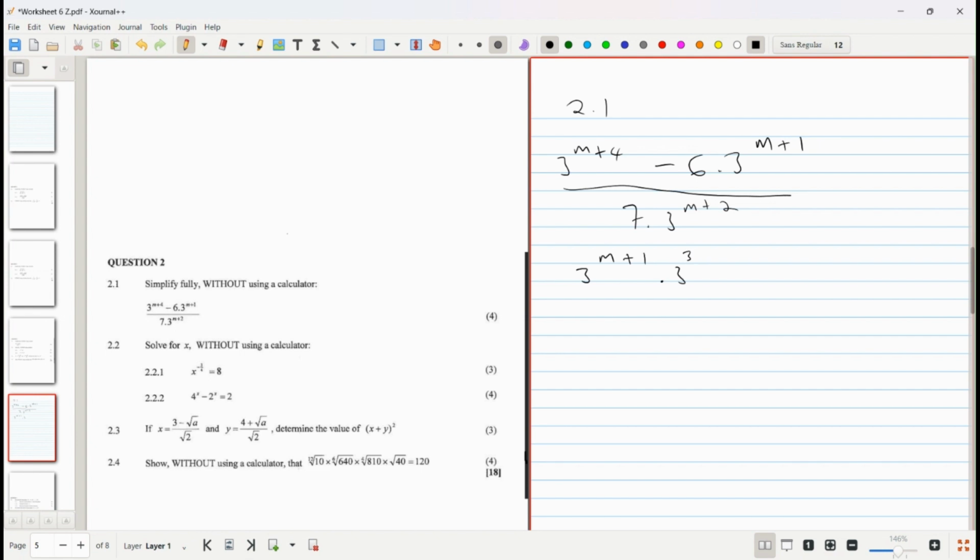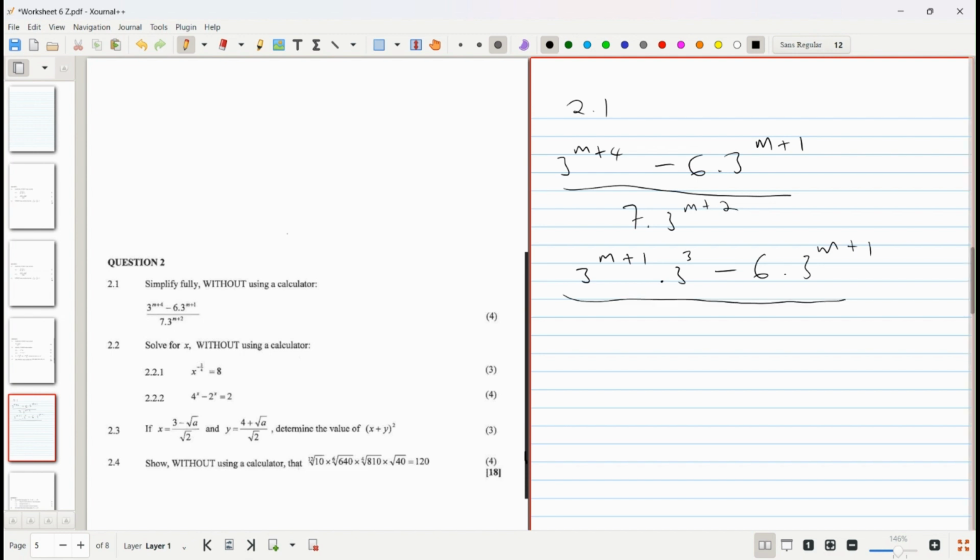Why? Because by the rule of exponents, when you multiply numbers of the same base, you add the exponents. So you'll have 3 to the power m plus 4. And then here you have 6 times 3 to the power m plus 1. It's perfect. We leave it like that.